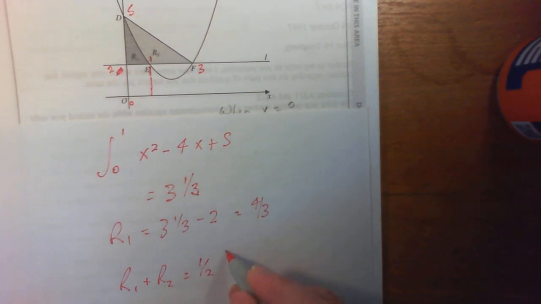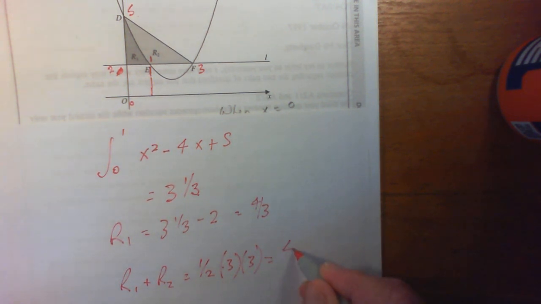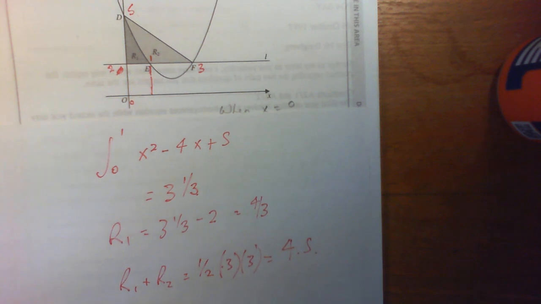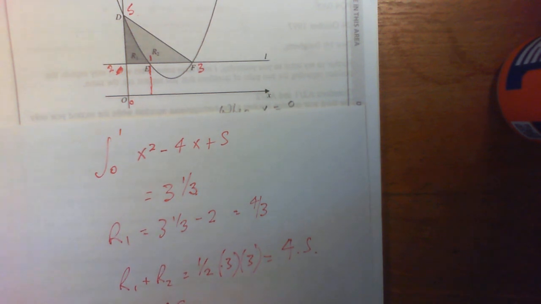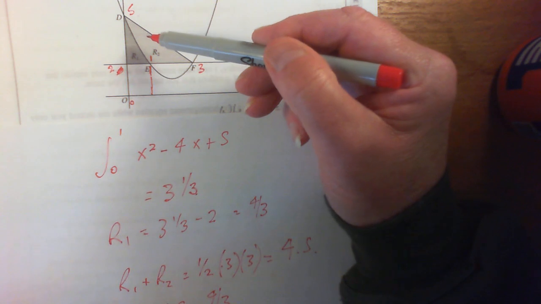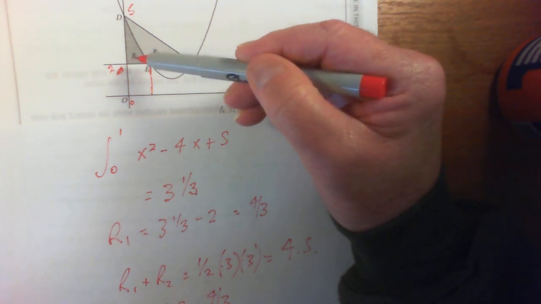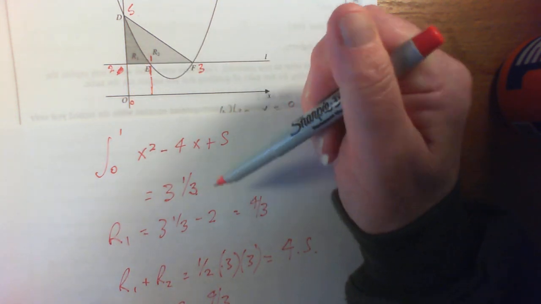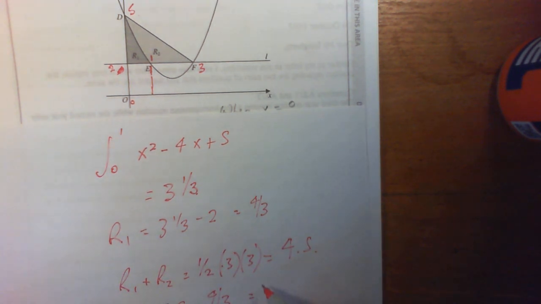So R1 plus R2 equals half times 3 times 3. I'll write it down as is good practice, which equals 4.5. So R2 equals 4.5 minus 4 over 3. Okay, 4.5 is the whole triangle. Chop off this, which is 4 over 3, and that will give me what R2 is: 19 over 6.